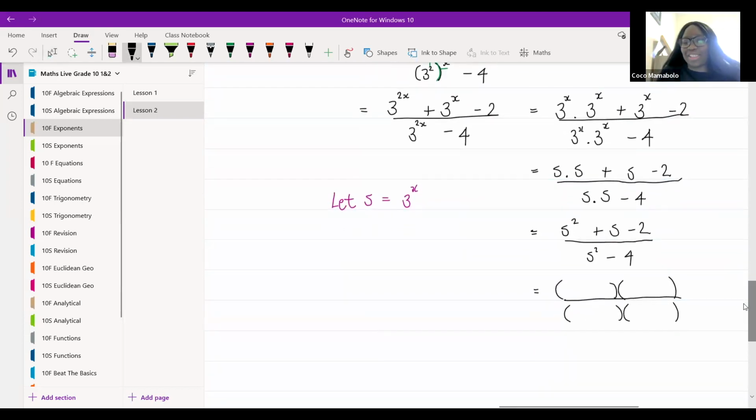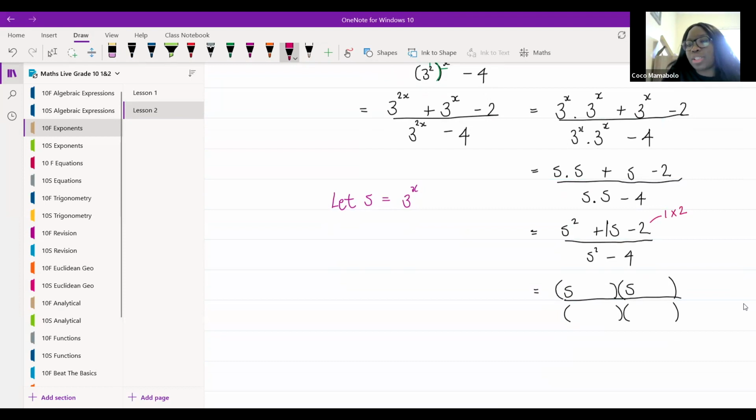Okay, let's factorize the top. Over here, I'm going to get S and S, and then I need factors of -2 that are going to give me positive 1. What are the factors of 2? 1 times 2.